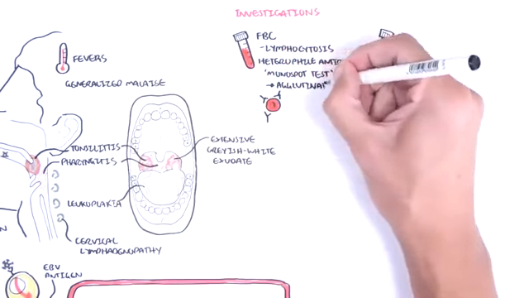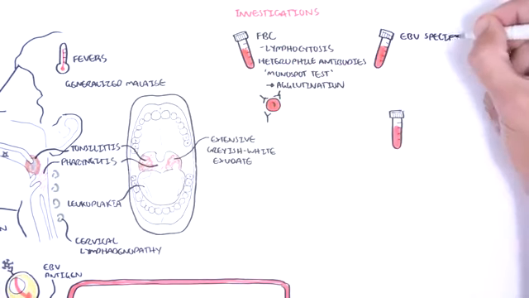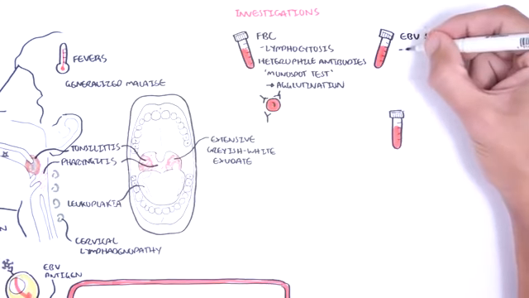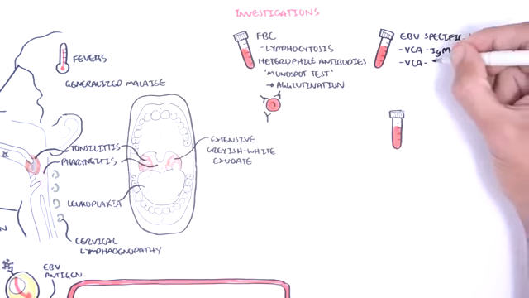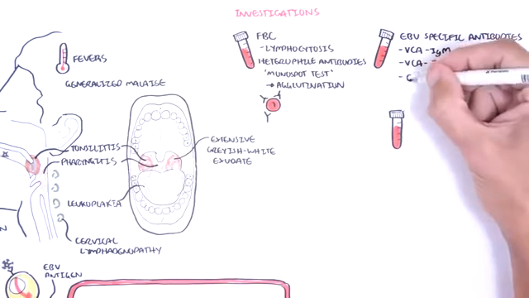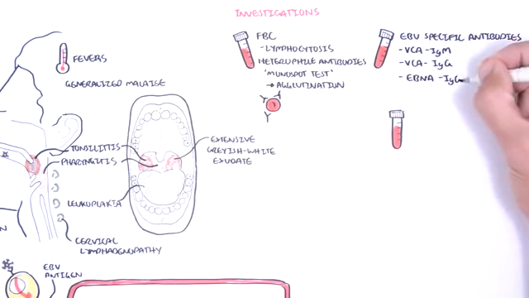Other tests include the Epstein-Barr virus specific antibodies, which can be ordered and, as discussed, include the viral capsid antigen IgM, the viral capsid antigen IgG, and the Epstein-Barr nuclear antigen IgG.